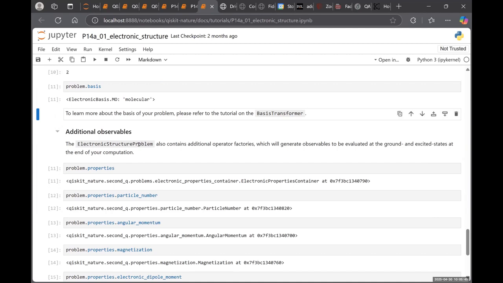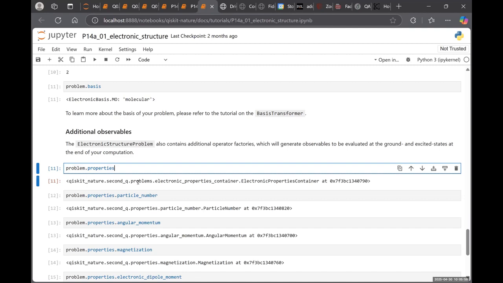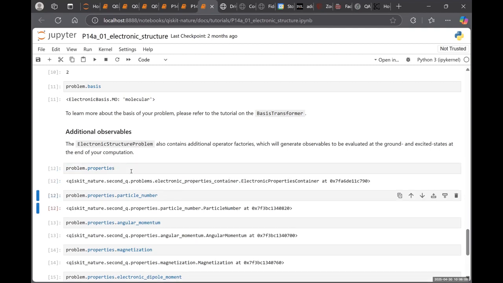So this class, the electronic structure problem, also has additional factories. There are other properties, you can say particle number, angular momentum.